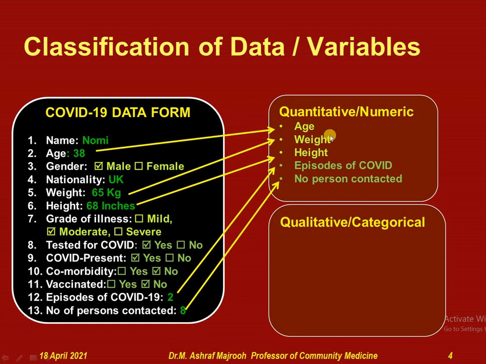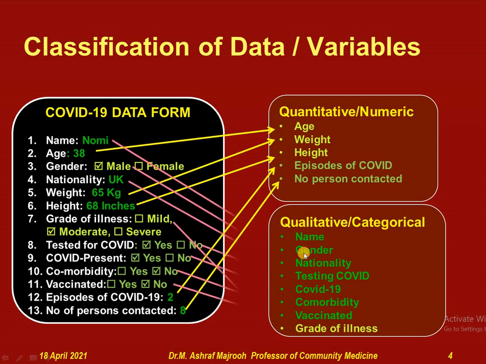On the other hand, the qualitative or categorical variables in this dataset include the name, gender, nationality, testing of COVID, COVID status, comorbidity, vaccination status and grade of illness.